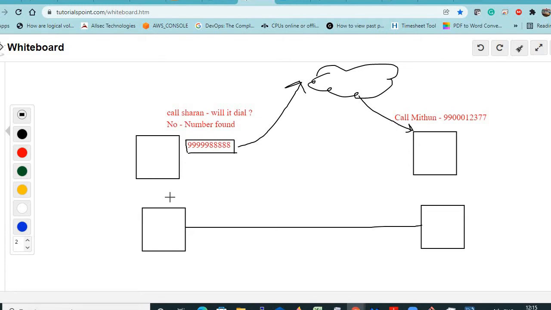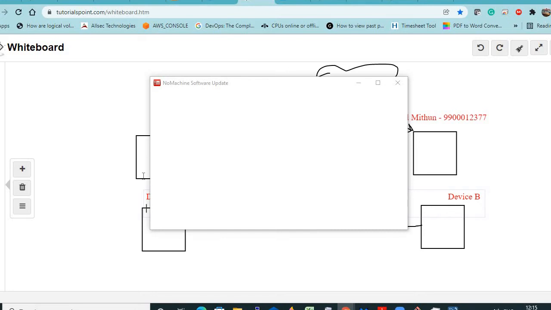In order to exchange information between device A and device B, similarly, what happens? It has an IP address.